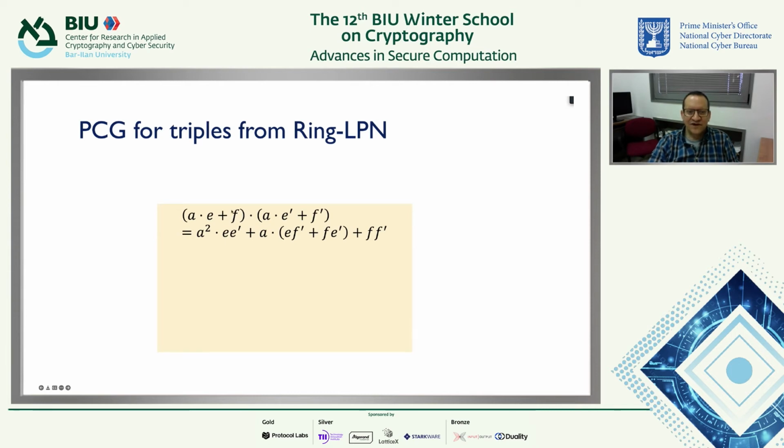That's one polynomial, and we want to multiply it by another polynomial, which is A times E prime plus F prime. You can think of the first one as a polynomial that encodes the a_i in the triple language.